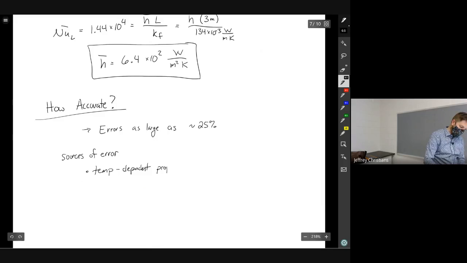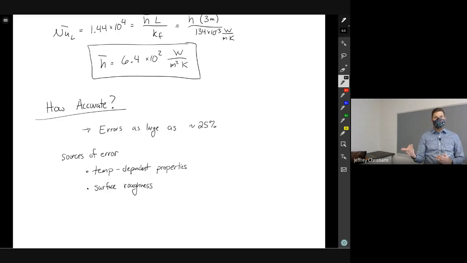One of the sources is that for all of these fluids, the properties are going to be temperature dependent. So the models are typically going to be neglecting some of those changes, which can throw things off fairly significantly. You can have surface roughness.